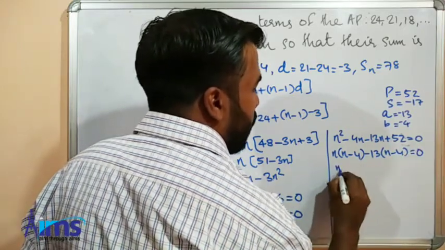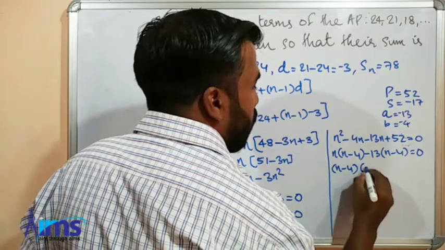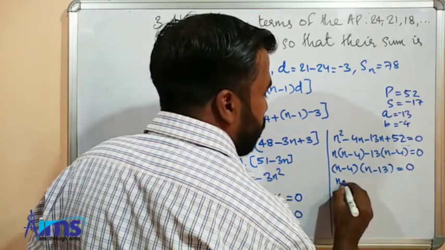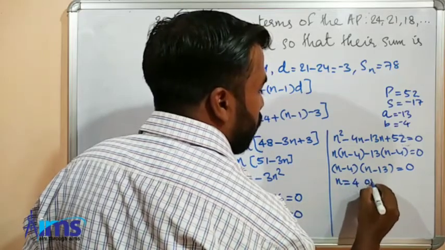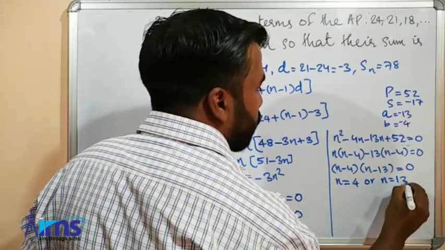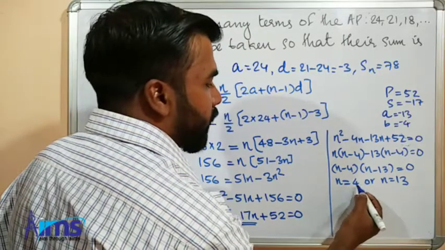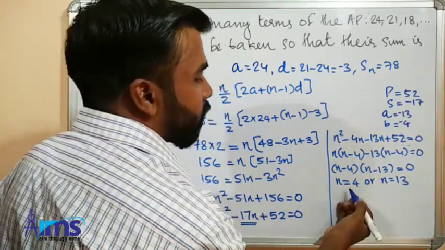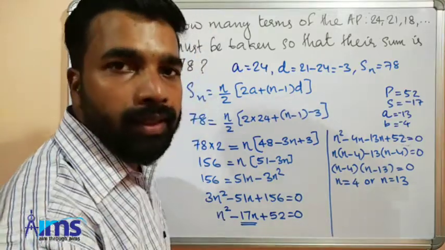Then here n minus 4 into n minus 13 is equal to 0. So n is equal to 4 or n is equal to 13. We get n is equal to 4 or n is equal to 13. Therefore, we know that the number of terms is 4 or 13.